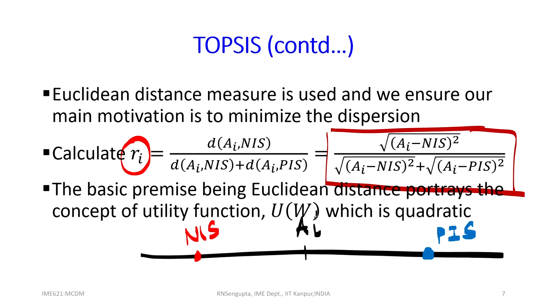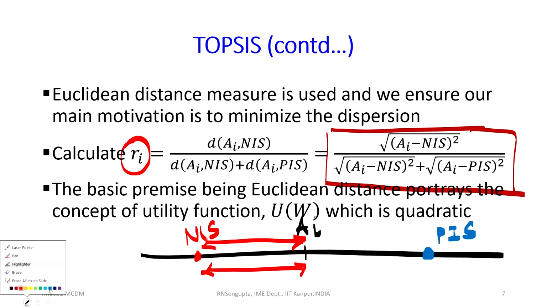I find, as given here, the squared distance, square them and find the square root of Ai with respect to the negative point, and divide by the normalized value, which is the sum of these two.